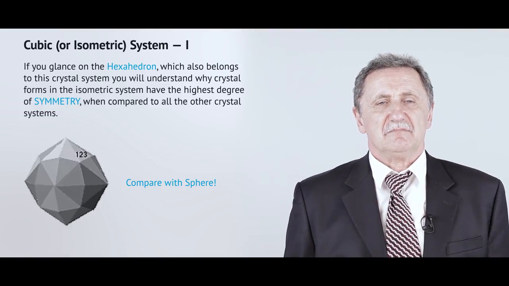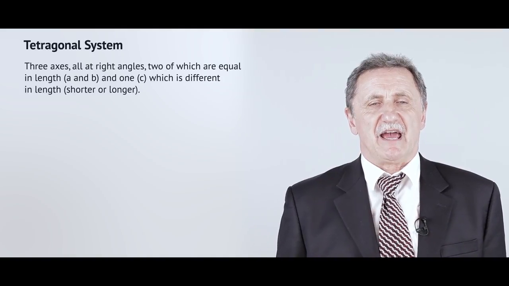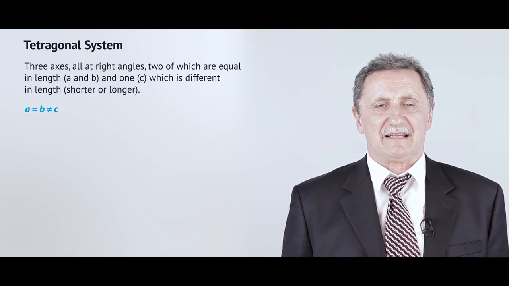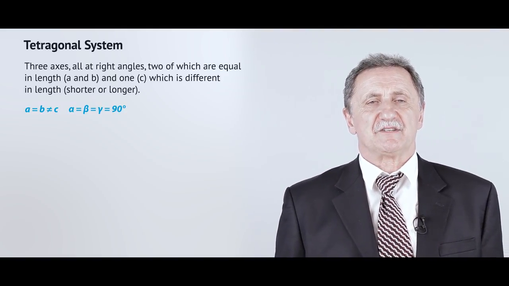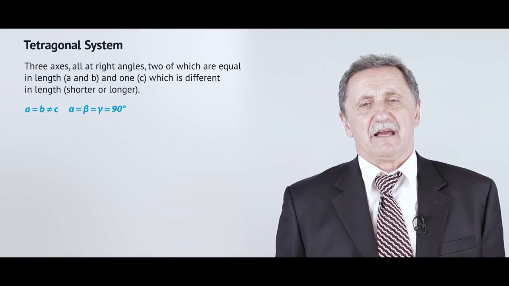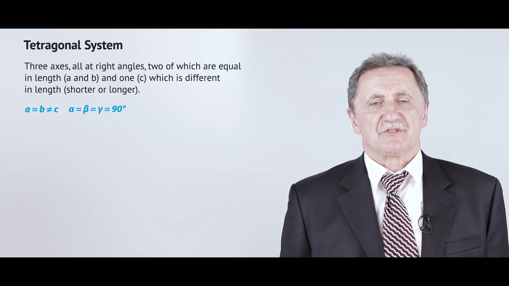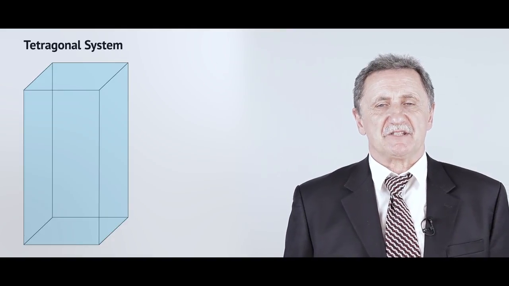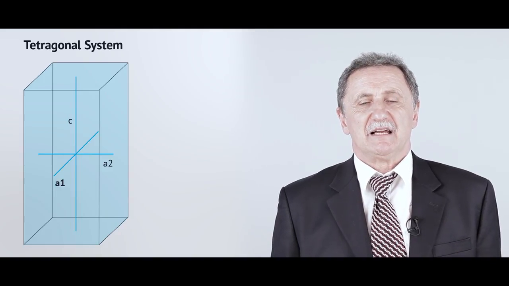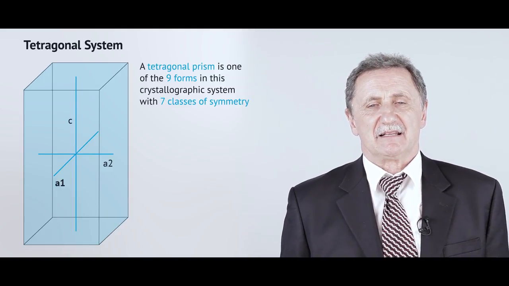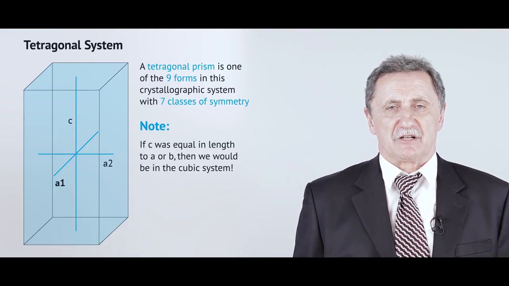The tetragonal system is also very easy to introduce. In this case, 3 axes intersect at right angles, as you can see on this slide. And 2 of these axes are equal to each other, A and B, for example, but one of them is different in length. So a tetragonal prism, as you can see on this screen, is one of the 9 forms in this crystallographic system, and 7 different classes of symmetry belong to the tetragonal system.